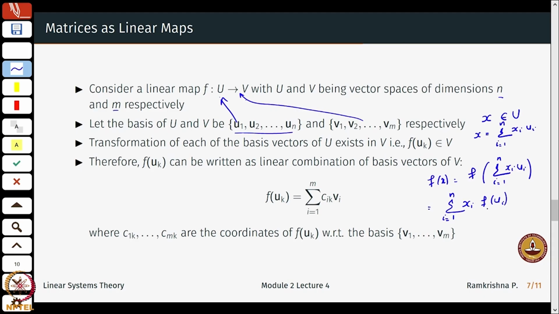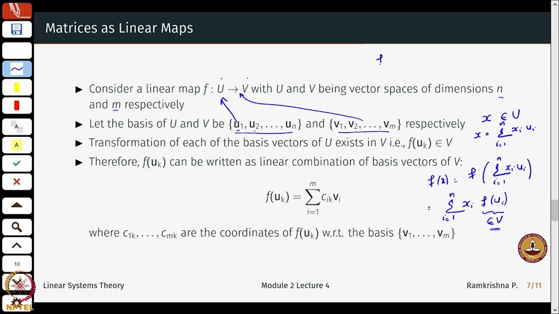Now, what does f do? It takes elements from u and gives me elements in v. So, f of ui will necessarily belong to v. What does this mean? That each of these basis elements u1, u2 until un transforms to some vector in v under this linear transformation f, and therefore, this f of ui should have a unique representation in terms of the basis v1 till vm.